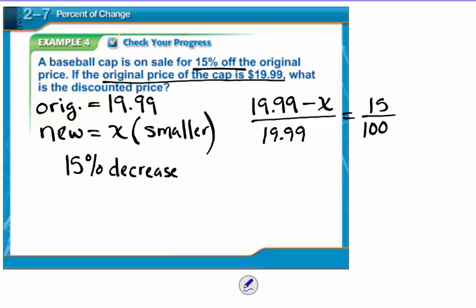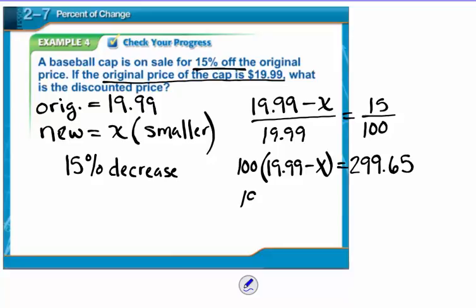All right, I have a proportion. Let's use cross product. 100 times the quantity $19.99 minus X equals 299.65. Distribute that 100 through the parenthesis.